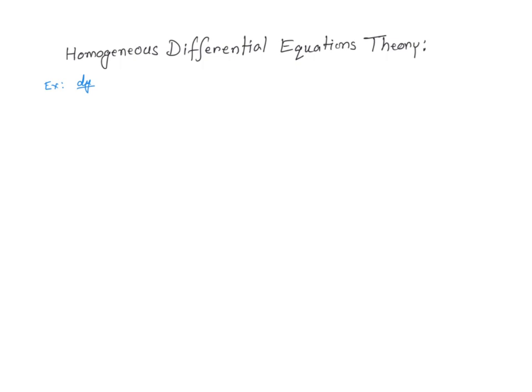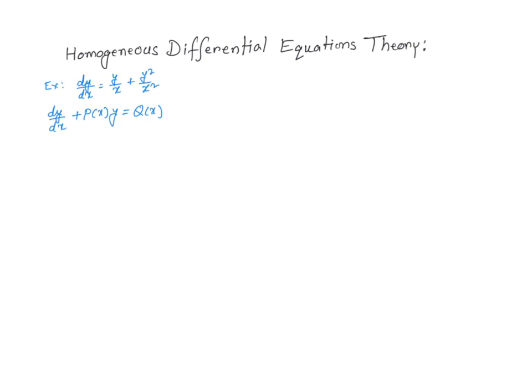dy over dx is equal to y over x plus, let's say, y square over x square. This is a differential equation that we cannot solve with the techniques that we know. First order linear differential equation: dy over dx plus p of x times y is equal to q of x.